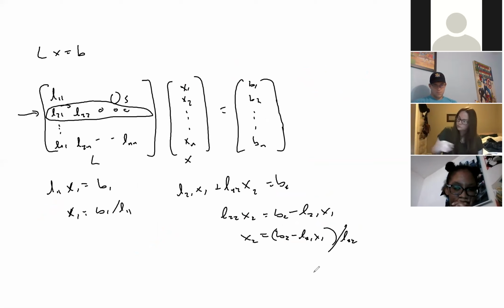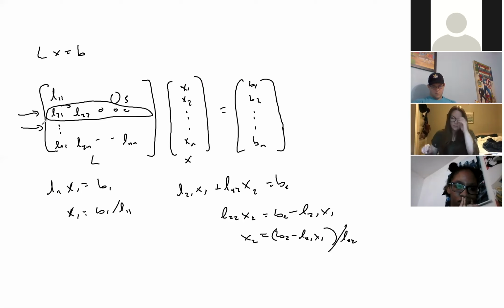Okay, just to finish this question real quick, let me write down one more of these computations. If I'm doing L times X, then let's look at the third row for a second.